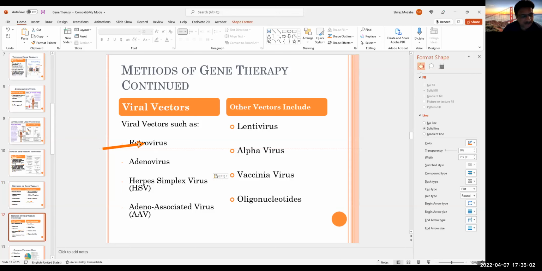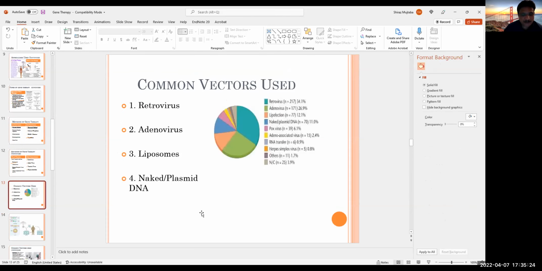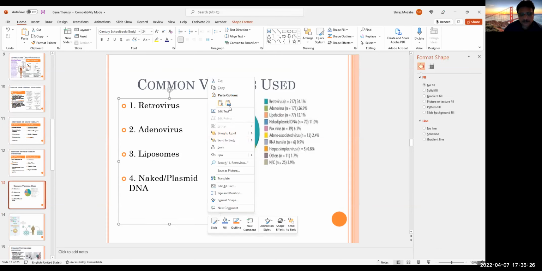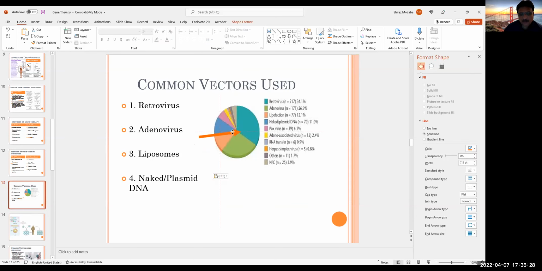Because viruses have the unique ability to enter human cells using receptors. Retrovirus and adenovirus are the most preferred vectors that can be used to deliver the target gene. The most popular is retrovirus vectors for gene delivery.